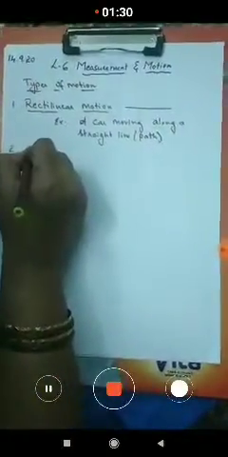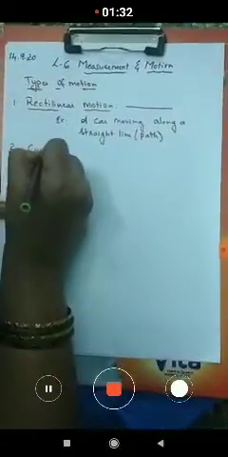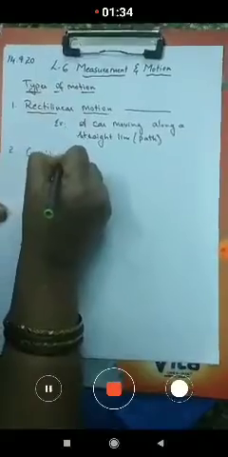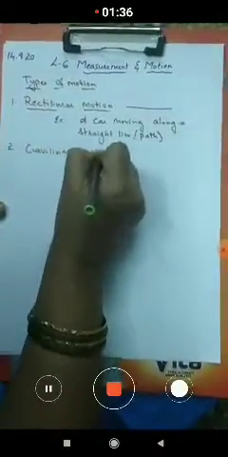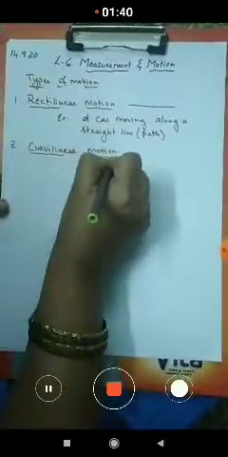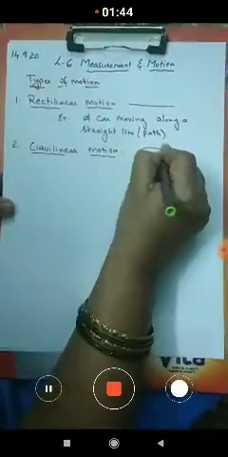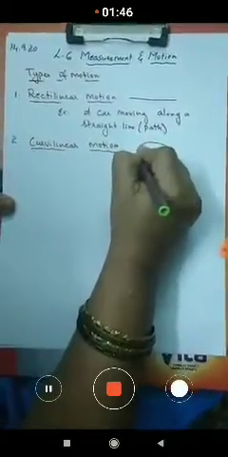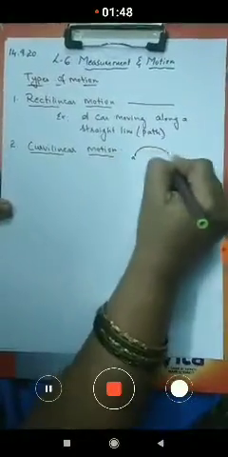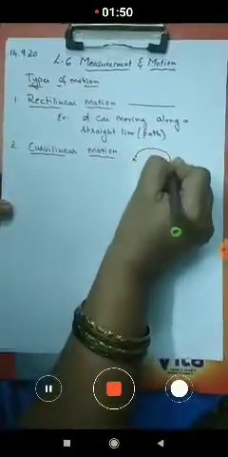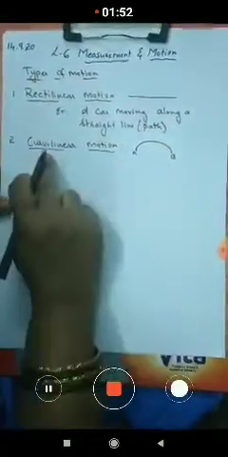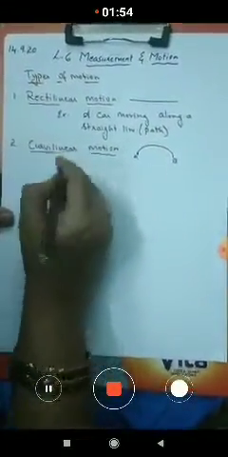The second one we have learned was curvilinear. What is this? Curvilinear motion. So if an object moves from one position to another along a curved path or a curved line, if the object moves from A to B along a curved path, then that type of motion is called curvilinear motion.